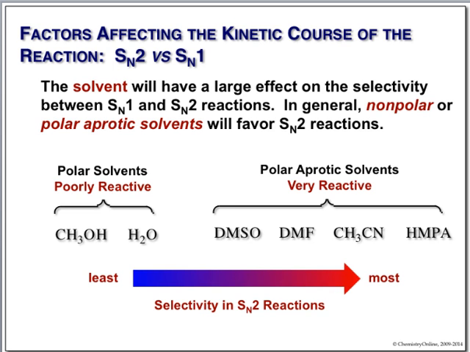They will dissolve things very well, but they will not support ionization. So something like DMSO is virtually magic when it comes to SN2 reactions. DMSO really is, like I said, some of you may have heard of it. Dimethyl sulfoxide is a very, very good solvent.